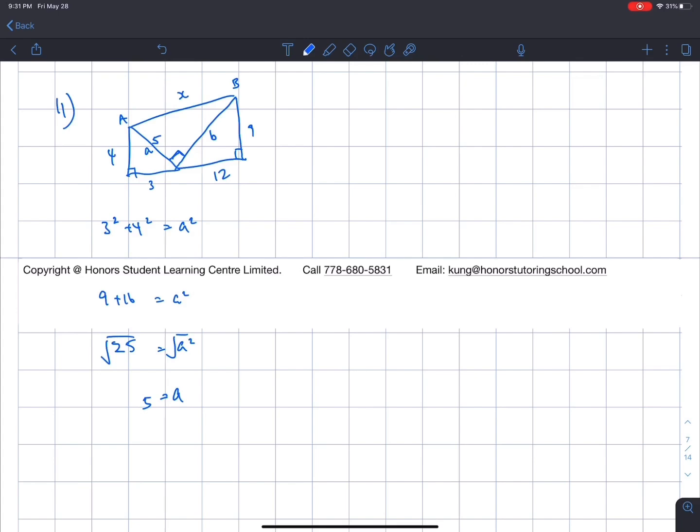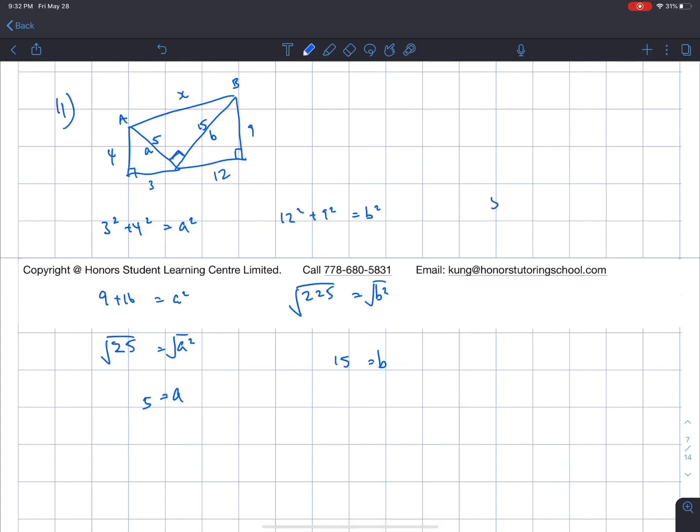And then I can focus on this little triangle here. 12 squared plus 9 squared equals B squared. 12 squared plus 9 squared is 225, equals B squared. So we square root both sides to get B equals 15. So this is now 15.